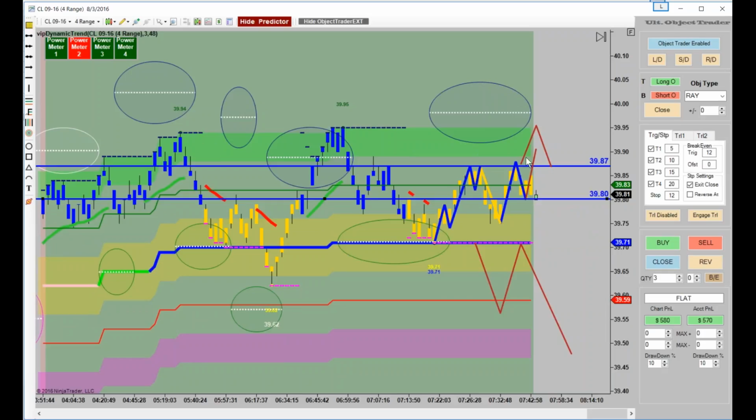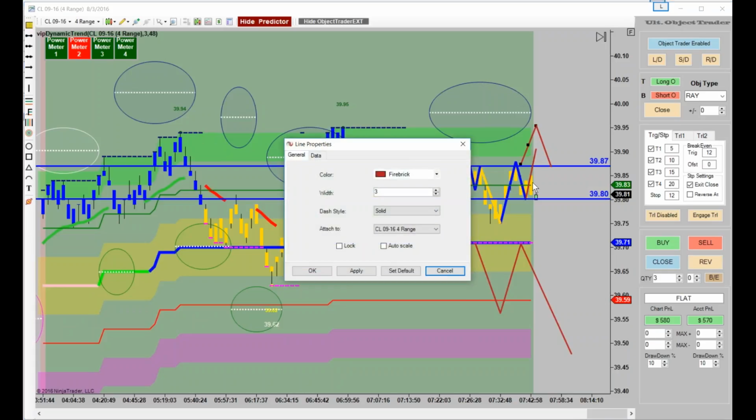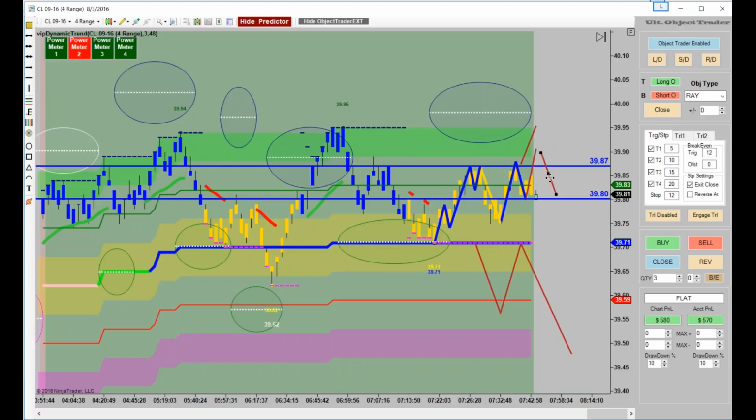So this would be your identified swing. If it took this out here, then you'd be looking for a trade somewhere like that, and then break back up. Okay? That's if it takes that top out. That's what you're looking for.